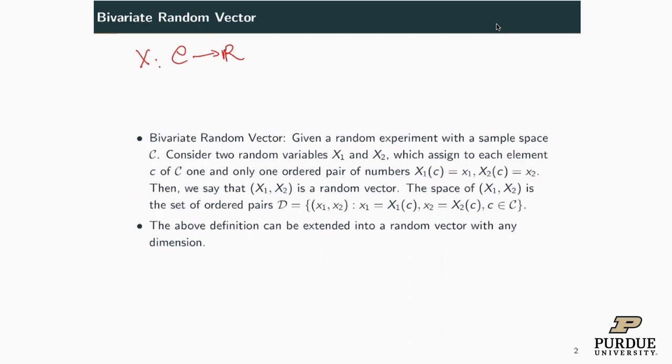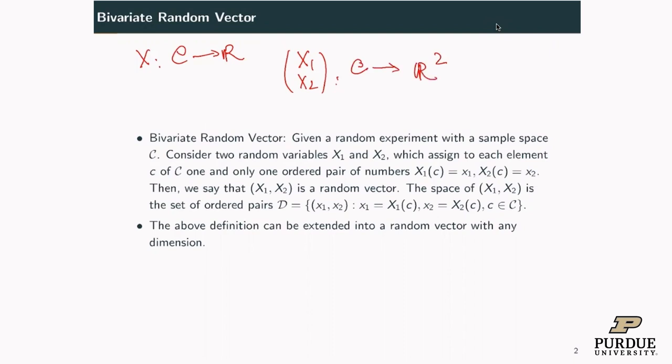Given a random experiment with a sample space C, consider two random variables, X1, X2, which assign to each element of C one and only one ordered pair of numbers. So now I have a random vector (X1, X2). It is also a mapping from C to R2, a two-dimensional space.